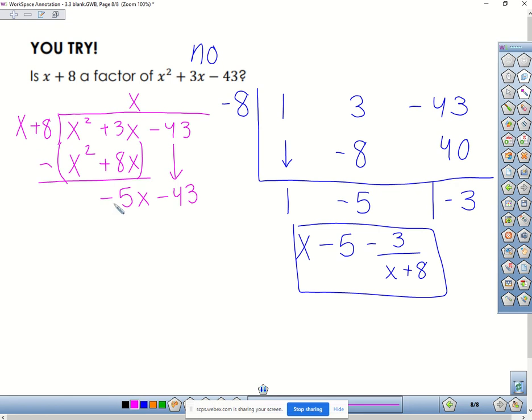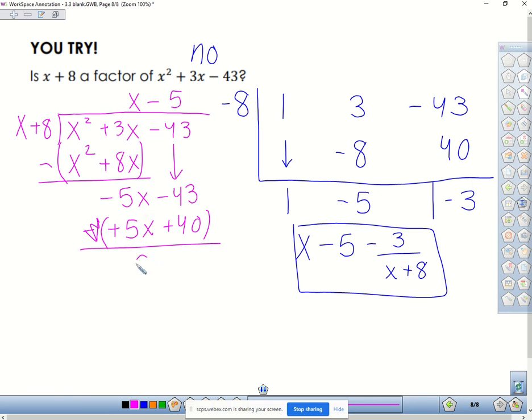What would I multiply x by to get to negative 5x? Negative 5. I multiply all of this by negative 5, which gives me negative 5x minus 40. This is a negative. I'm subtracting, so these both become addition. I combine. This is 0 minus 3. This is my remainder, right?